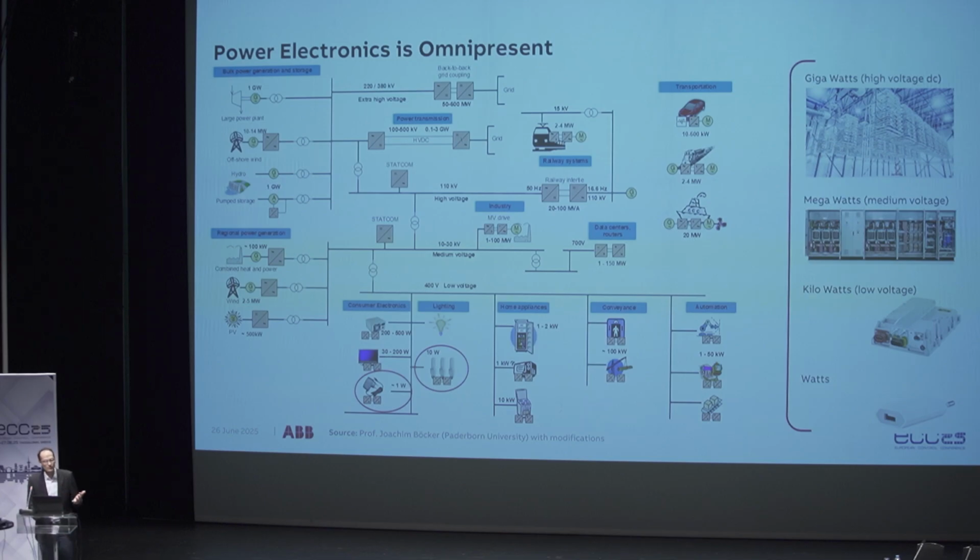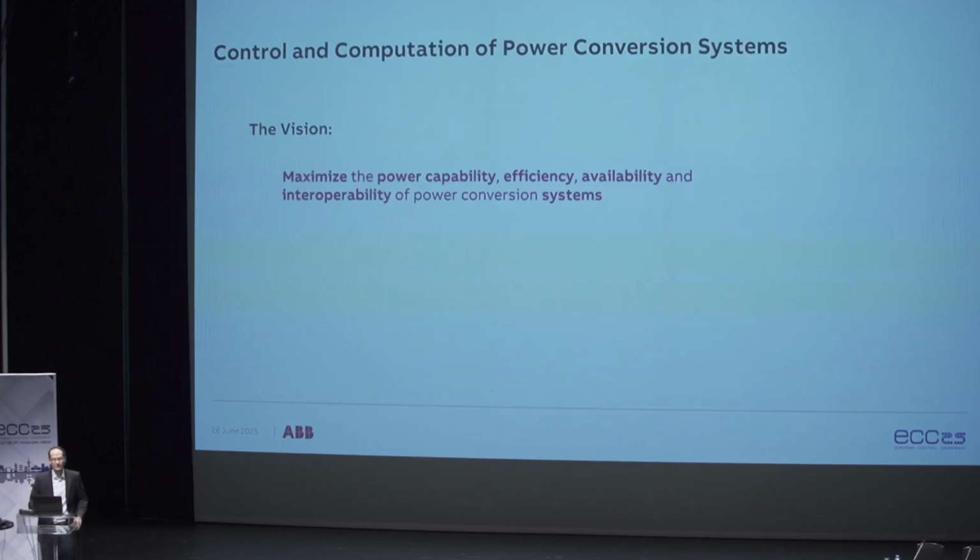So why would we look into control and computation for such power conversion systems? The vision is clear, I would say. It's really to get the most out of it. So to maximize the power they can deliver, their efficiency, their availability. We don't want things to fail and not be available.